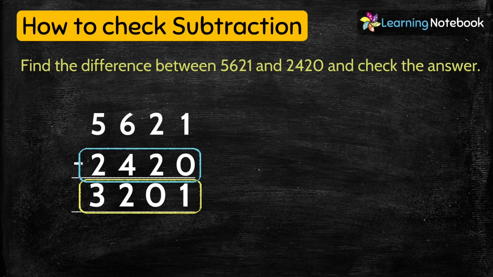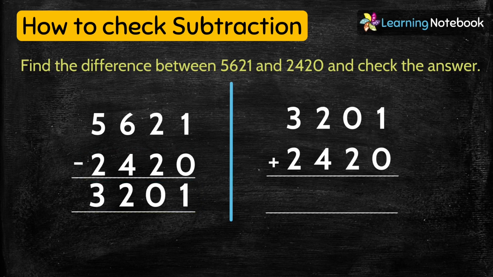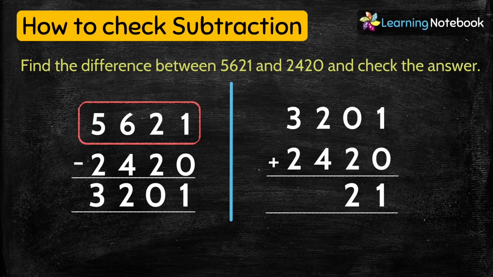And if their sum is equal to the minuend, that is 5621, then the answer is correct. So let's add them. 1 plus 0 equals 1. 0 plus 2 equals 2. 2 plus 4 equals 6.